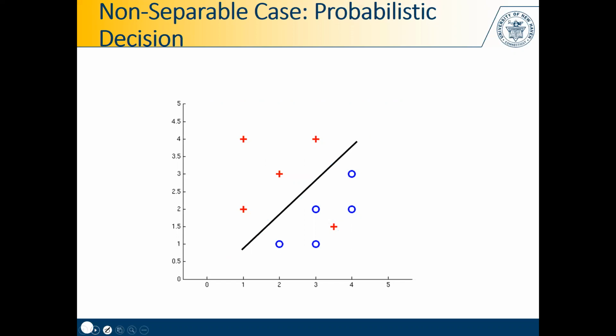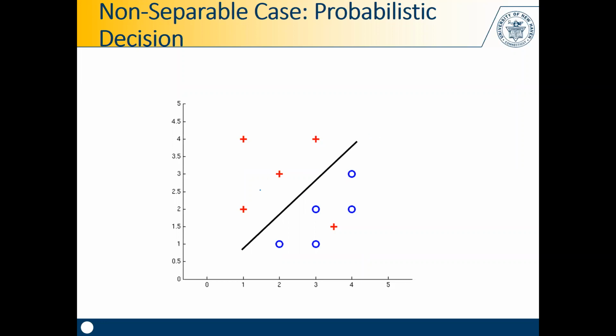But what if we were to go with a probabilistic decision boundary instead of a deterministic boundary? What if we were to come up with probabilities of how likely it is for something to be on one side and the other side, instead of saying that everything that's on this side is positive and everything that's on this side is negative? That's called a deterministic boundary.